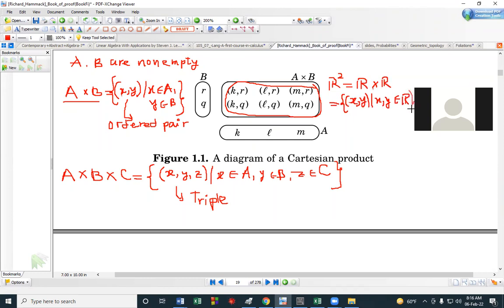The word ordered is more meaningful in this context. By an ordered pair, we mean X, Y and Y, X are not necessarily the same element. For example, here, (1, 2) is not the same as (2, 1).